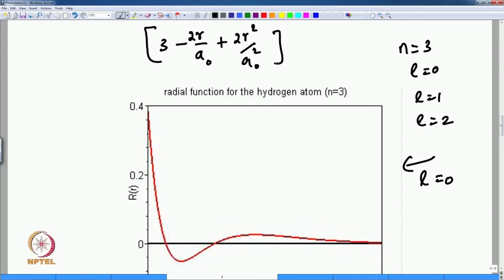This is the quadratic in front of the function, multiplied by e to the minus r by 3 a naught, for n equal to 3.